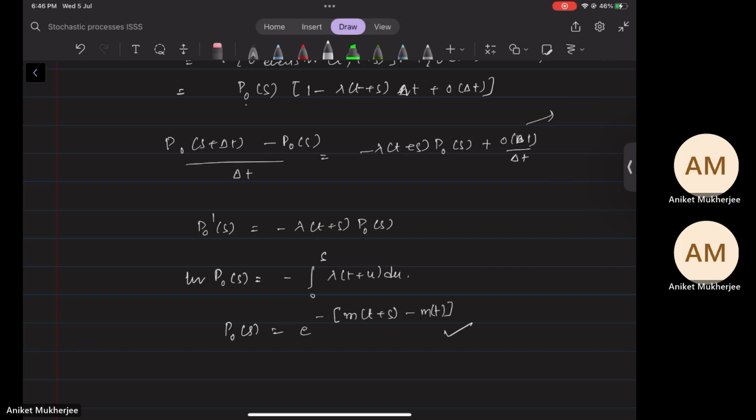The likelihood or the expectation of events occurring at different times is captured by the intensity function lambda(t). So this is on non-homogeneous Poisson process.